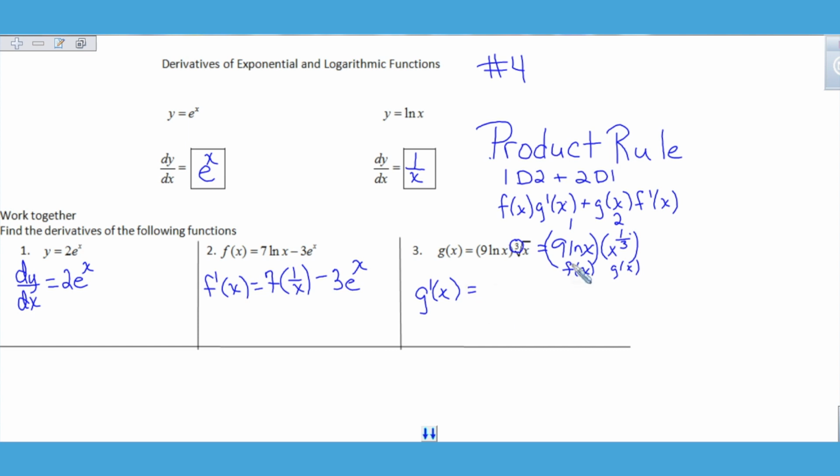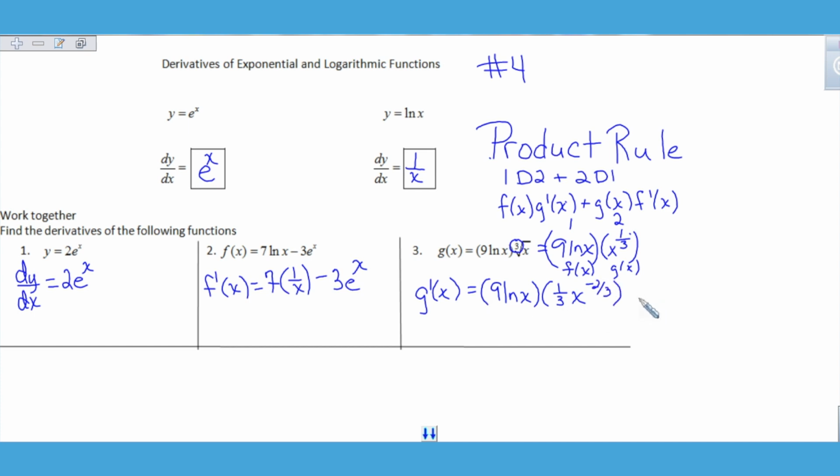So here we go. One is, and I'm going to put this in parentheses, it helps me organize, 9 natural log of x times the derivative of the second. Power rule says to bring the power down. If you subtract 3 over 3 from 1 over 3, you get negative 2 over 3.